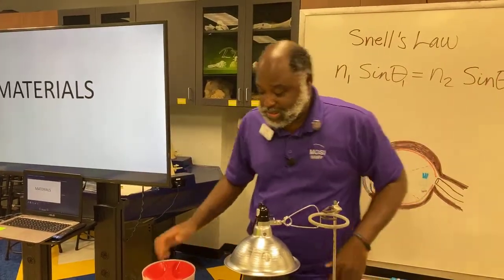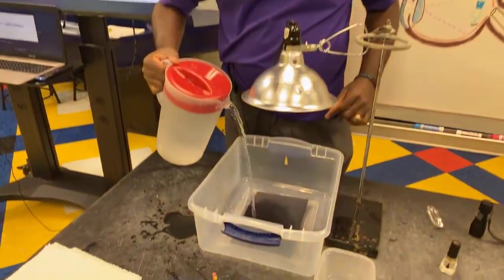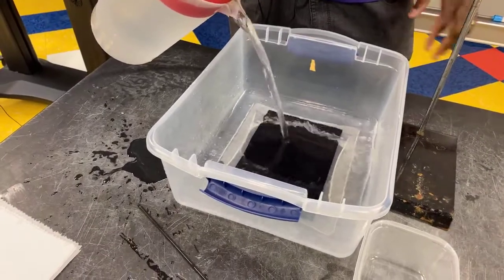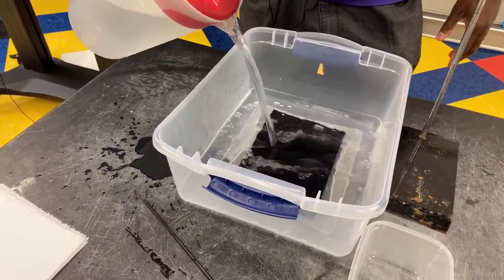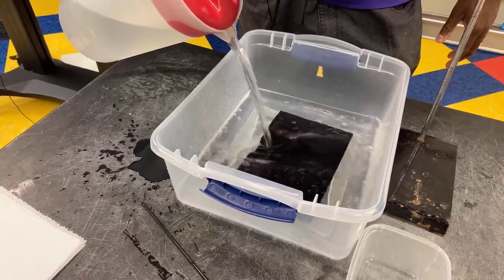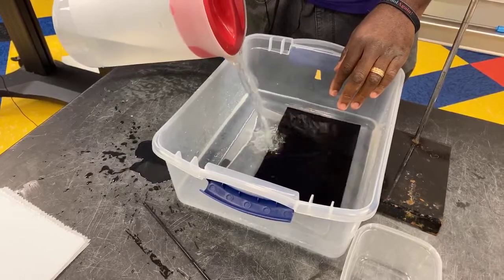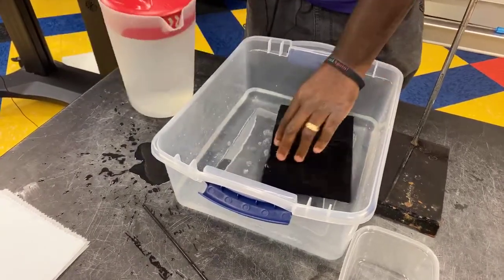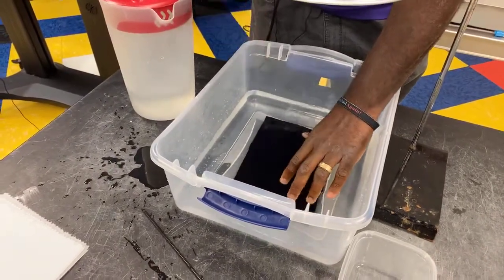So just using this, you then want to pour water into your container. This is about 1 gallon of water. And you're going to pour in enough water so that you press it down, you have enough there so it stays in the bottom.